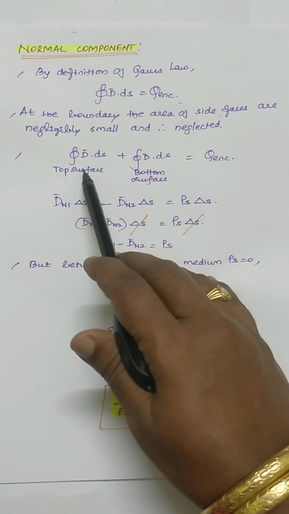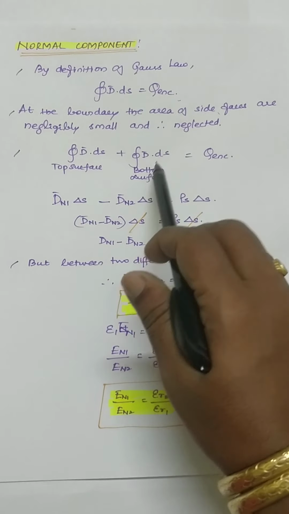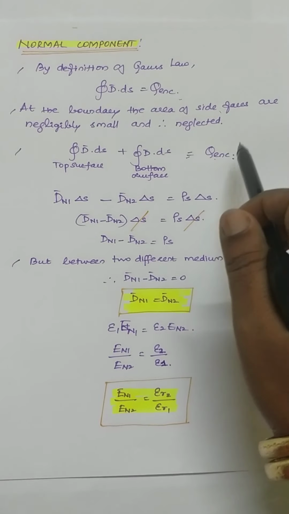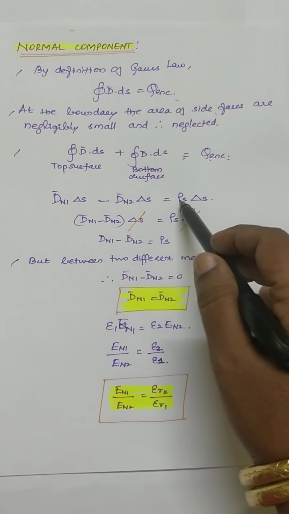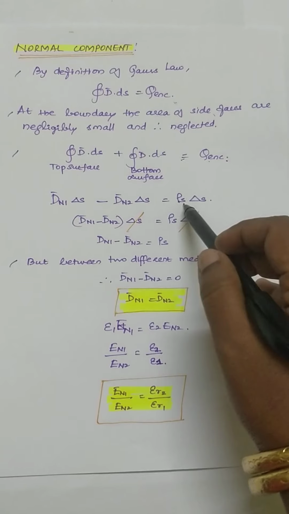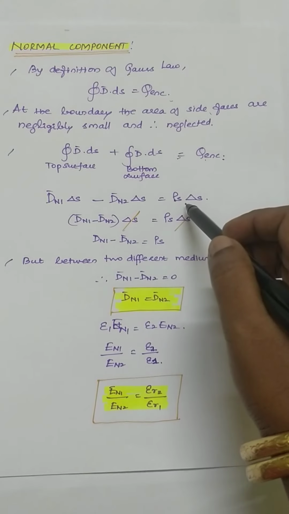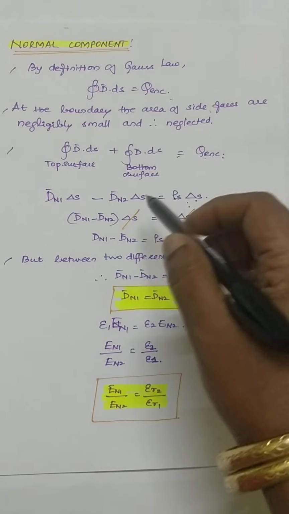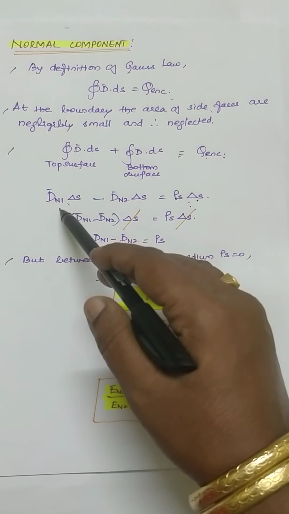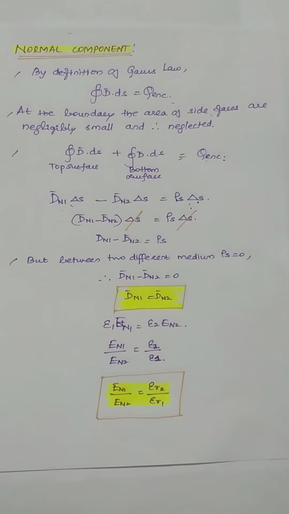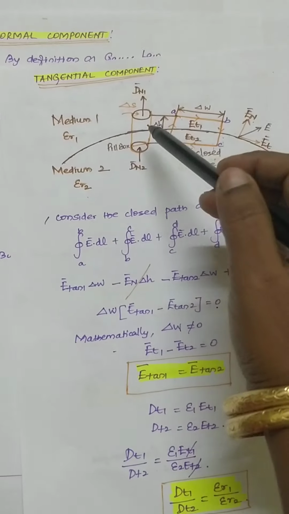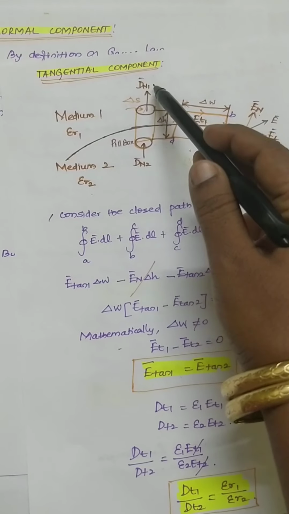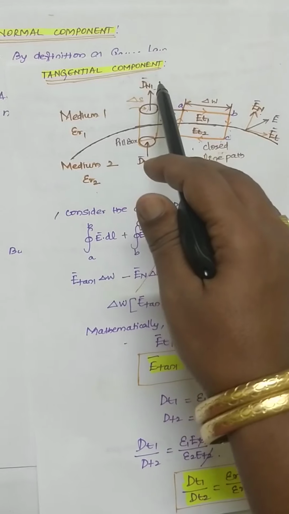We consider only the top surface and the bottom surface to be equal to Q enclosed. In the previous analysis we have seen that Q enclosed is replaced by rho s del S, and for the top face it is Dn1 del S, projected outward.